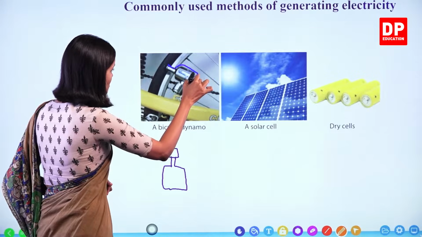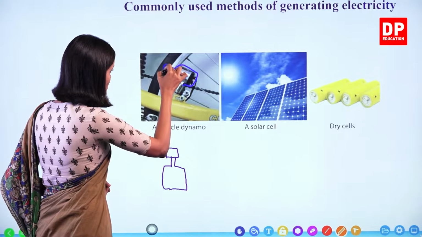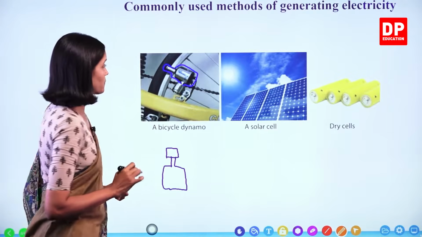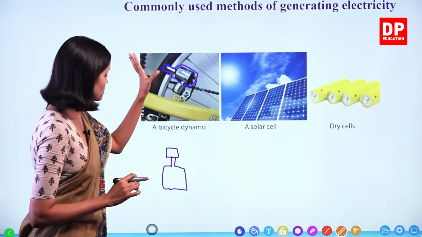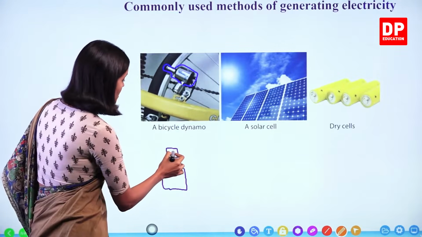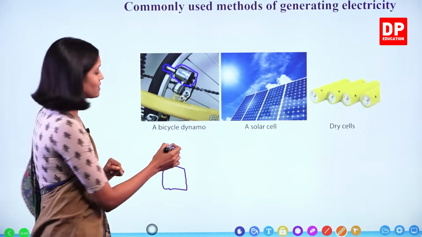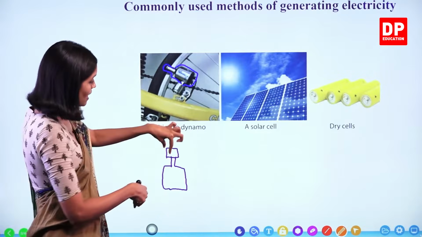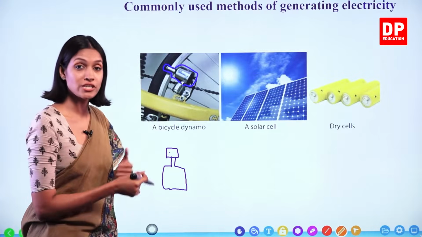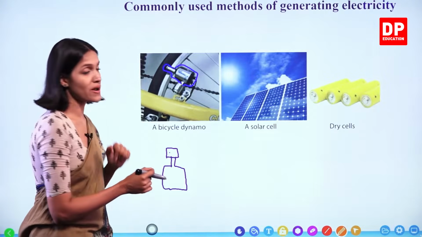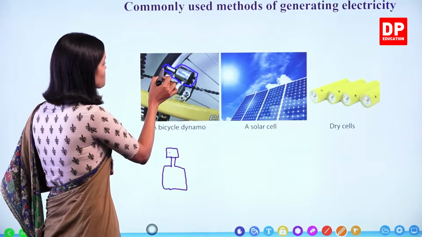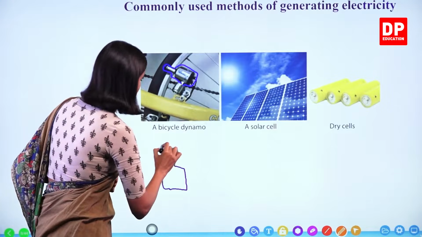If you observe carefully, you will be able to see this is the structure, right? So when we connect this bicycle dynamo to the bicycle, this part, this is a cap-like part, and this part can be rotated like a bottle lid. We can rotate it, right? So this should touch the tire of the bicycle. Can you all say this part touches the tire, right?